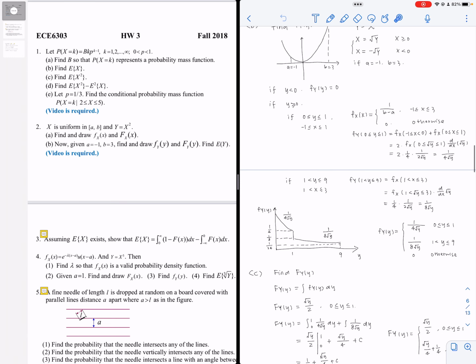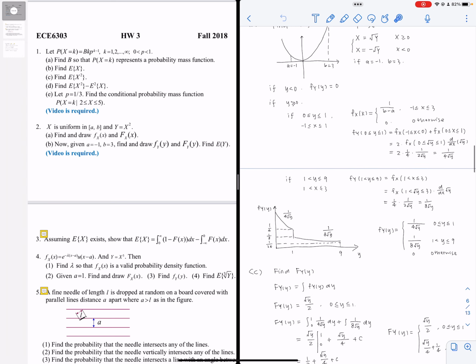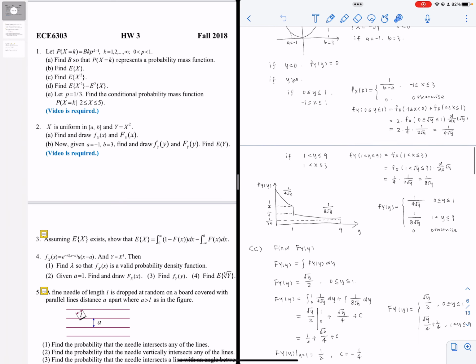So right here we no longer have the 2. We only have this 1/4 times, this is still the derivative, and that gives us 1 over 8 times square root of y. And we can draw a little graph here, and we can see this is the final answer.